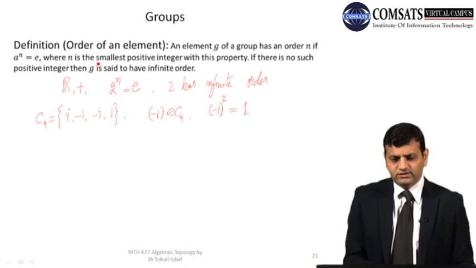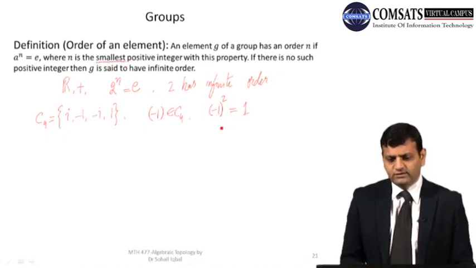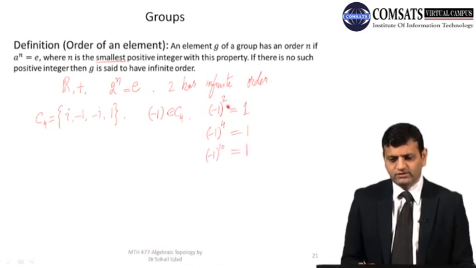There is this condition of smallest positive integer, so we can also observe that minus 1 raised to power 4 is also the identity. Similarly, minus 1 raised to power 10 is also the identity. So what is the smallest of all these positive integers? Of course, that smallest positive integer is 2. So that's why 2 is the order of element minus 1. So minus 1 has order 2.